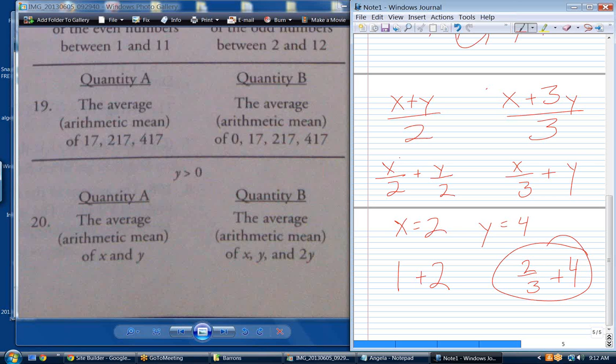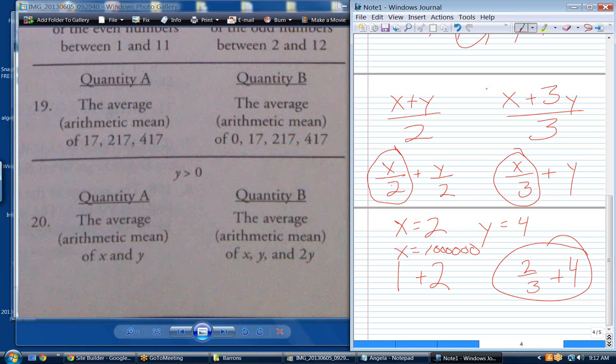Let x equal 1,000,000 and y equal 4. The reason I chose 1,000,000 is to guarantee that this quantity would be significantly larger than that quantity. Okay.